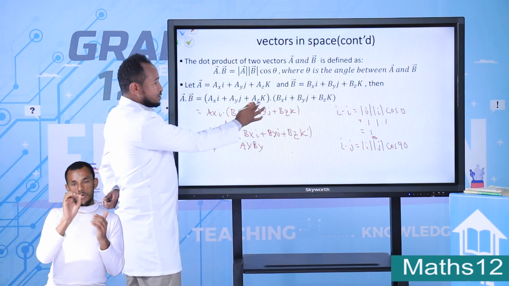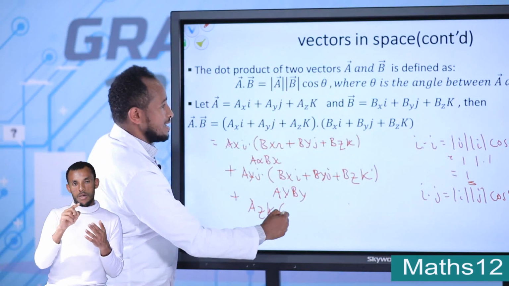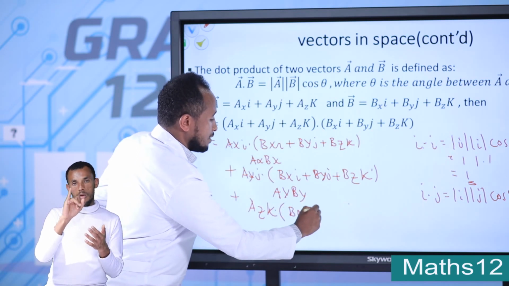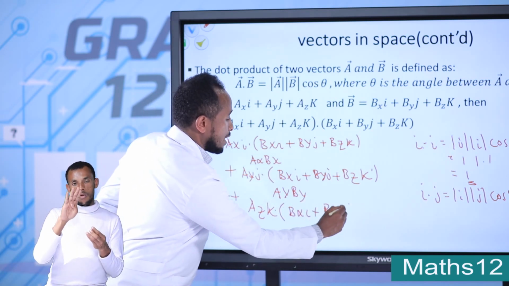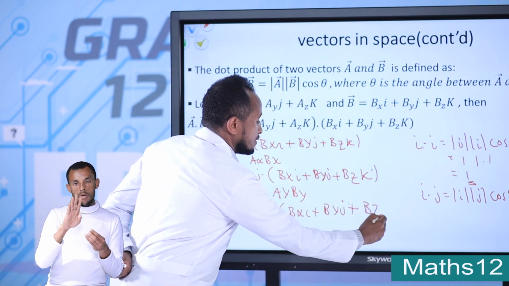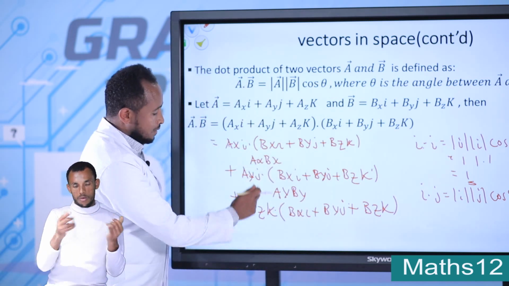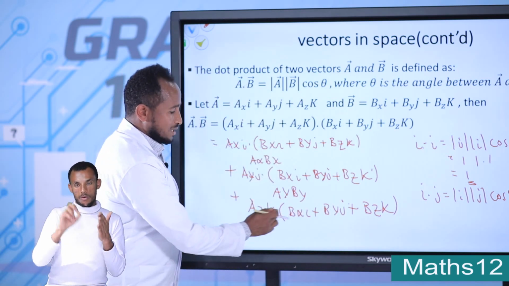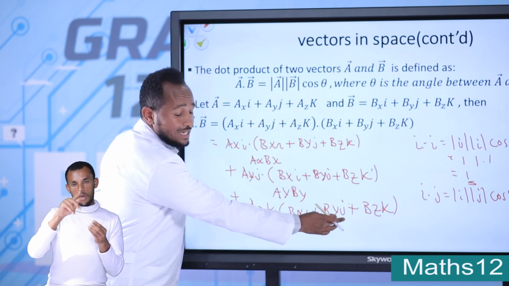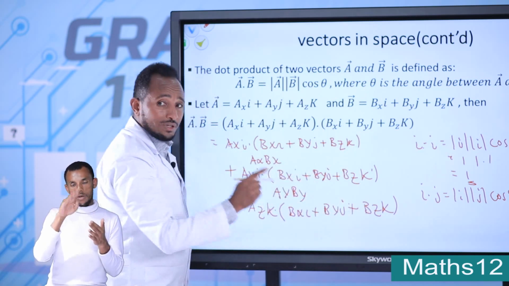Plus, let's distribute Az K dotted with Bx I plus By J plus Bz K. When you distribute this, the dot product is 0 because K dot I is 0, and K dot J is also 0. The remaining term is Az Bz, since K dot K is 1.